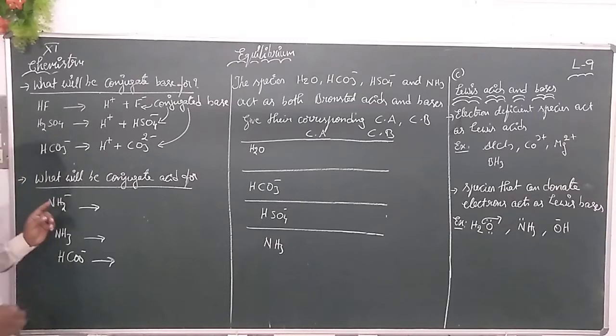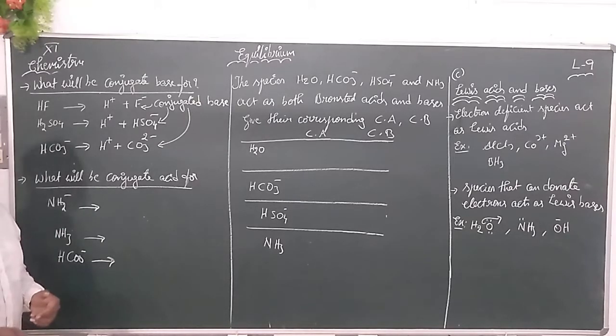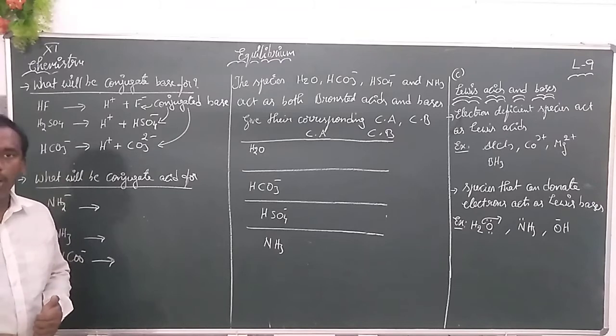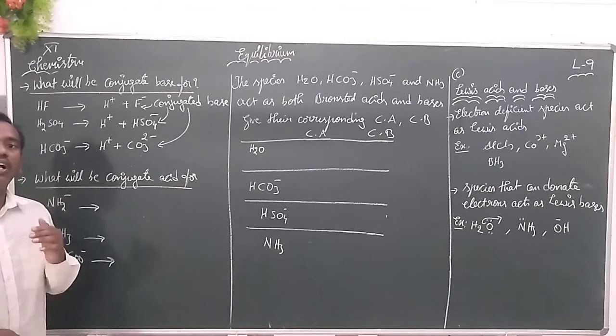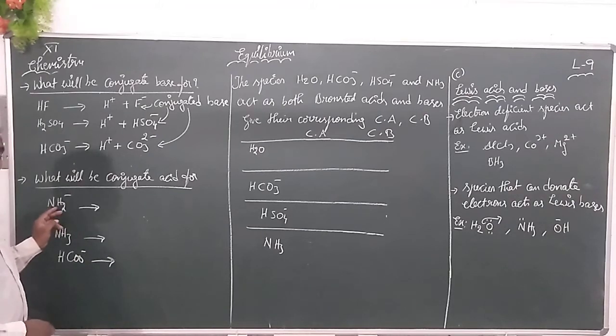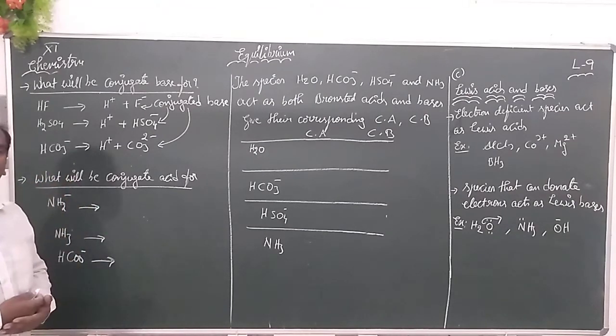And coming to the next question, what will be the conjugate acid? What is meant by a conjugate acid? When a species gains one H plus ion, we call it the conjugate acid. NH2 minus is given. Let us imagine it is accepting one H plus.